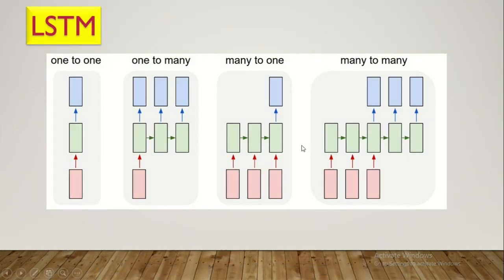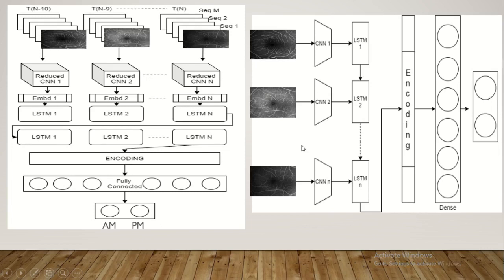Now let's see a more sophisticated architecture. Here we give a series of retinal images as input, first to our CNN architecture, and after getting the features from the CNN, we pass them into an LSTM.